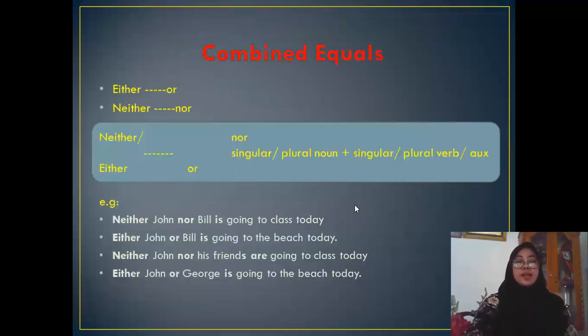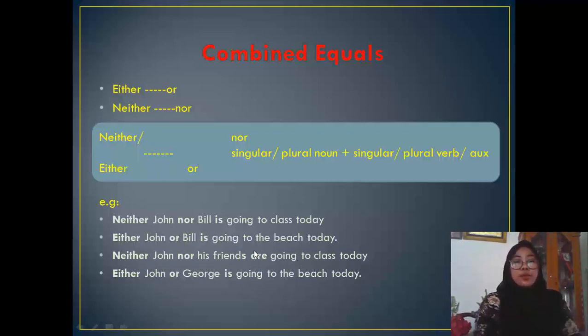Okay, let's see the other. This one, either, is paired with or. Neither is paired with nor. So, for example, when your sentence contains a plural noun, like this one: "Neither John nor his friends are going to class today."